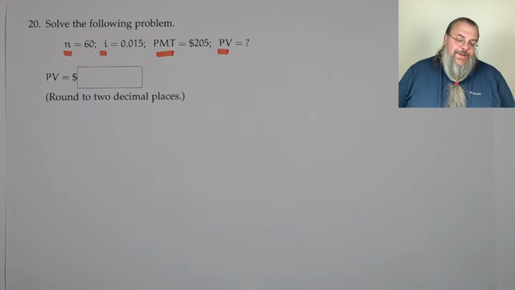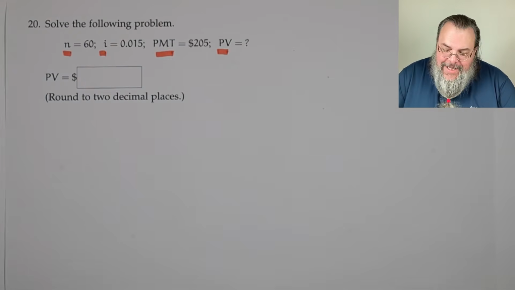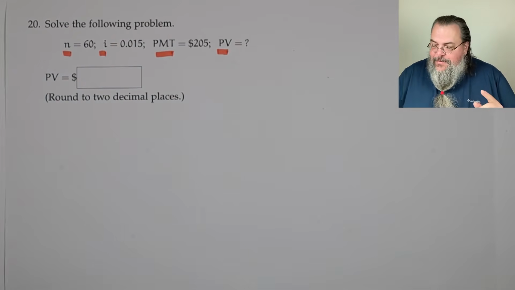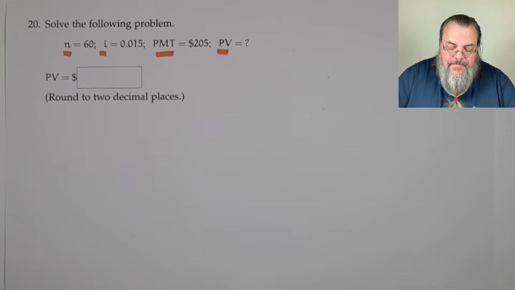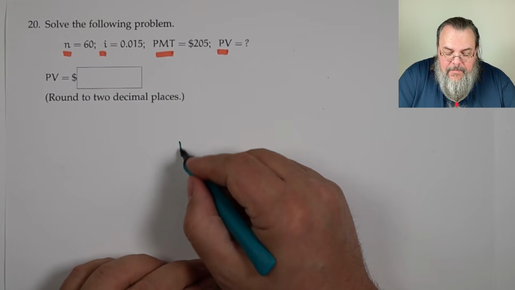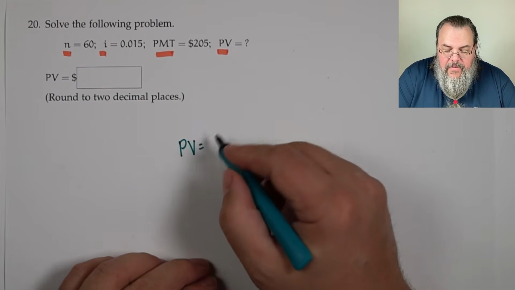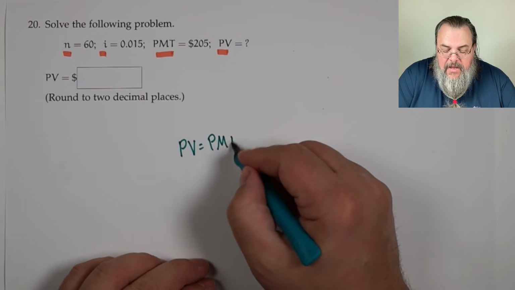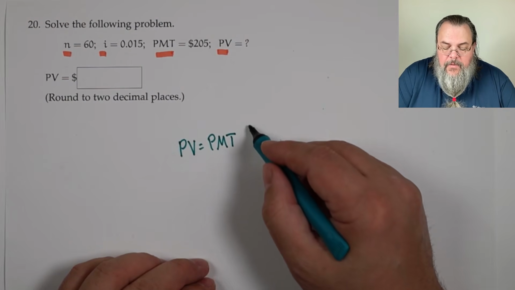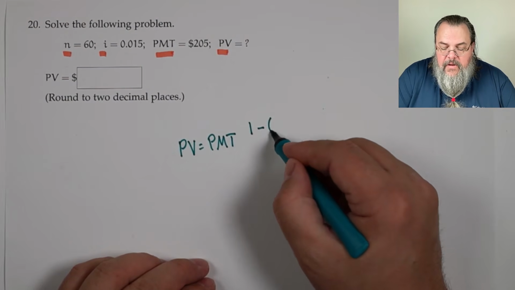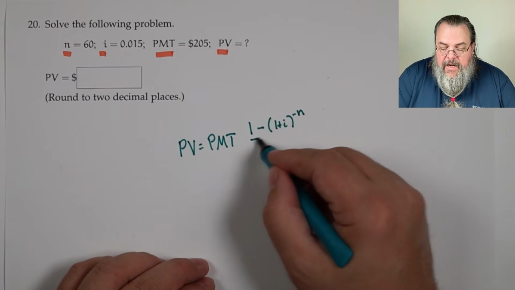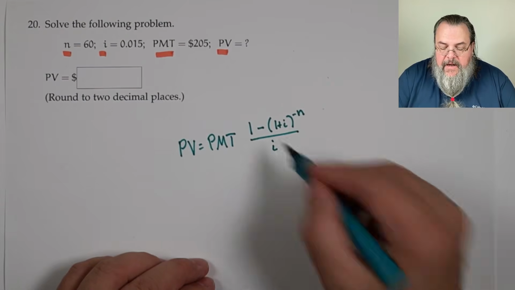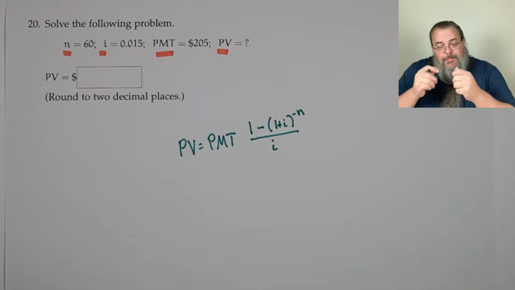All right. So that says, hey, we need to know the formula. All right, well, we happen to know the formula. So the formula is that the present value is the payment that you make in each period times 1 minus 1 plus I to the minus N divided by I. Right? Be careful.